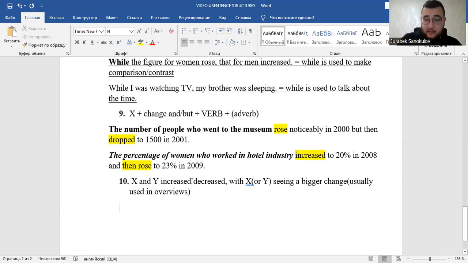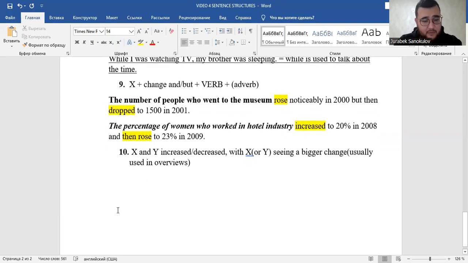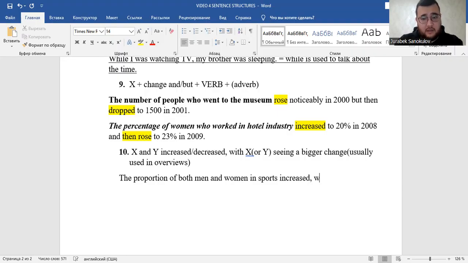Now let's look at the final one, and I use it in overviews. So you can say this, for example: the proportion, let's just say, of both men and women in sports increased, with the former seeing a more noticeable change.